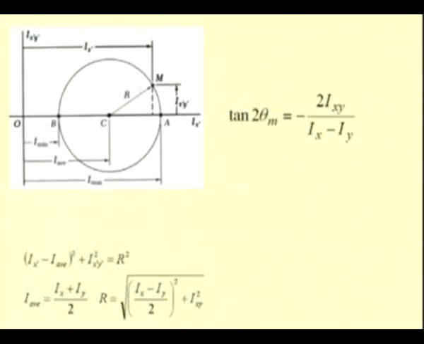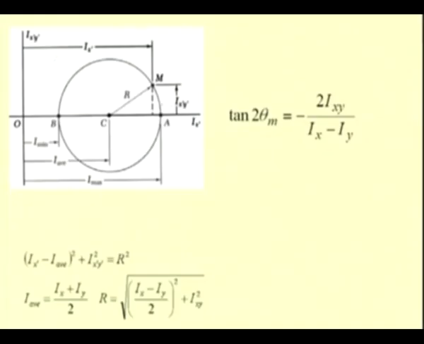Now, for a given axis, let us say this point M corresponds to the second moment of inertia Ix prime and the product of inertia Ix prime y prime. So, this point M corresponds to the set of values, that is the second moment of inertia and the product of inertia for a given axis, and as this axis rotates about O, this point moves along this circle.